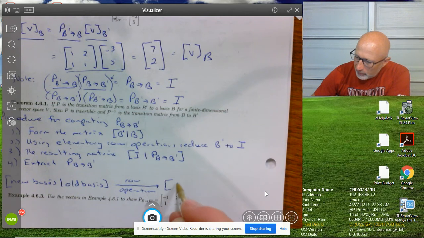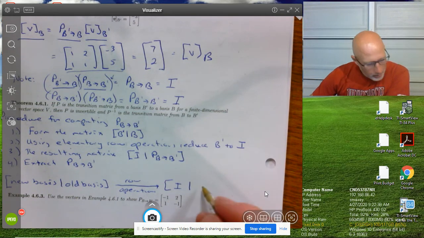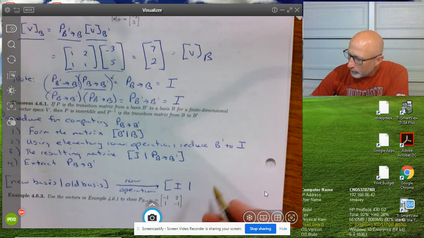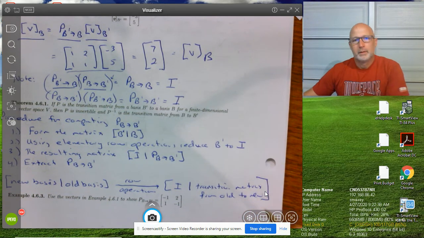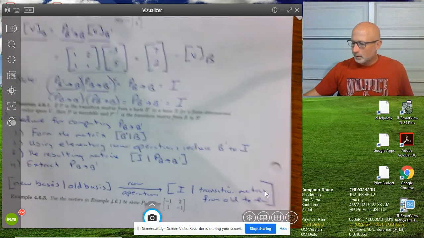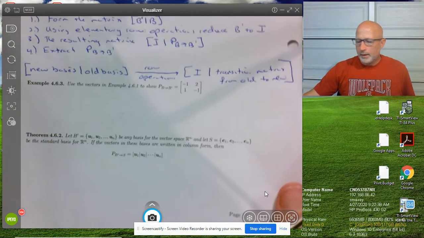And we turn this into I augmented with the transition from old to new. The transition matrix from old to new. Okay, so that's what we have. Okay, we're almost done. Hang in there.